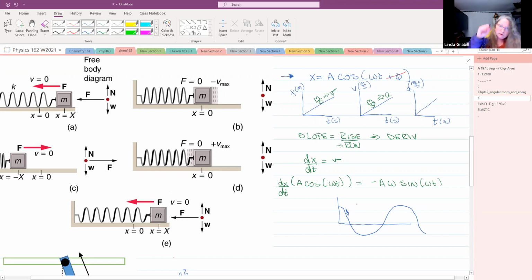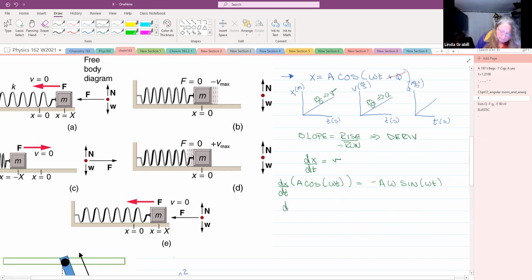The slope of a cosine function is a negative sine function. Whereas sine starts at 0 and goes up, so its derivative is positive and is described by a cosine function. Cool.